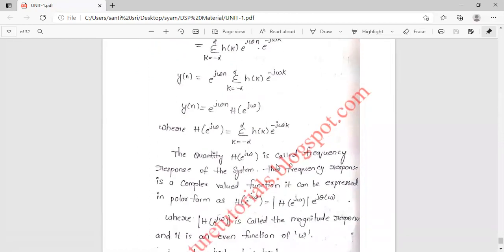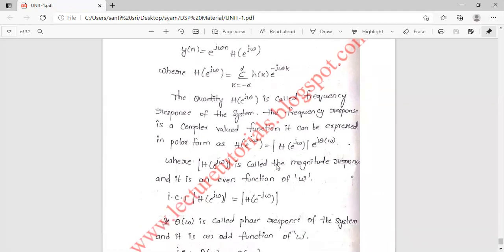For our simplified analysis purpose, we are converting this into polar form, that is in terms of magnitude and phase angle. So H of e power j omega is equal to mod of H of e power j omega into e power j theta of omega. Mod of H of e power j omega is the magnitude of the response, and theta of omega is the phase angle of the response.